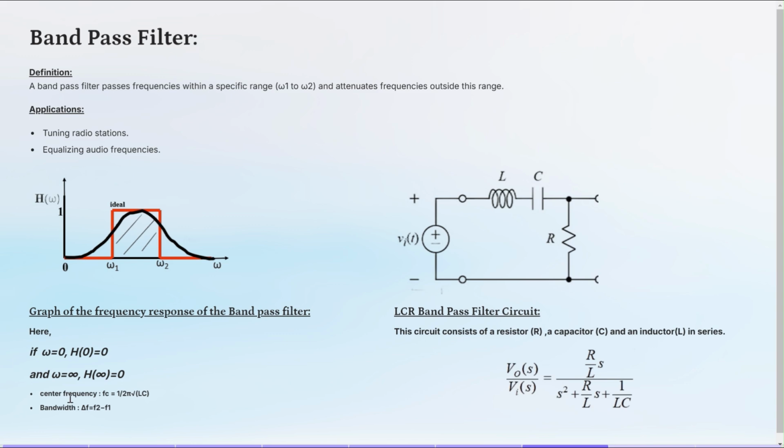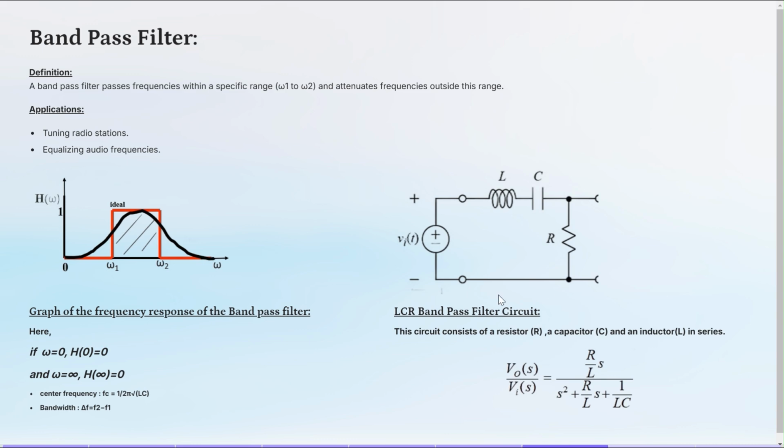And the formulas are given for the central frequency, which is 1 by 2 pi root LC, and the bandwidth, which is f2 minus f1. Here an LC band pass circuit is given, in which a resistor, capacitor, and inductor are in series, and the transfer function is given.